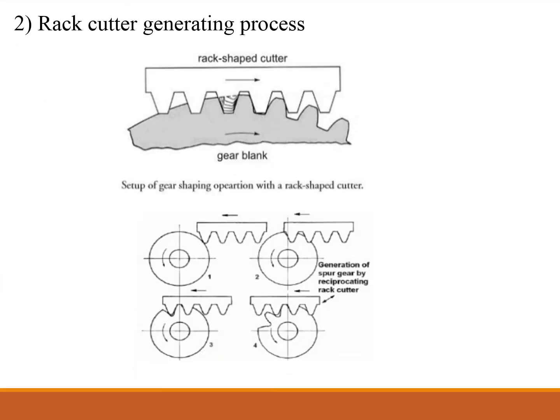Rack cutter generating process. In gear shaping with a rack shaper cutter, gear teeth are generated by a cutting tool called a rack shaper. The rack shaper reciprocates parallel to the gear axis. It moves slowly, linearly with the gear blank rotation at the same pitch circle velocity.